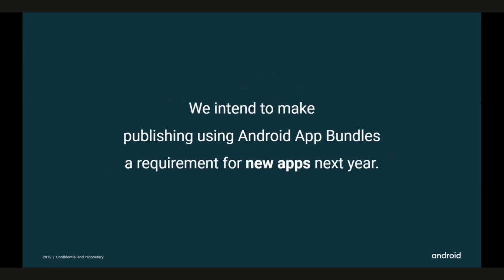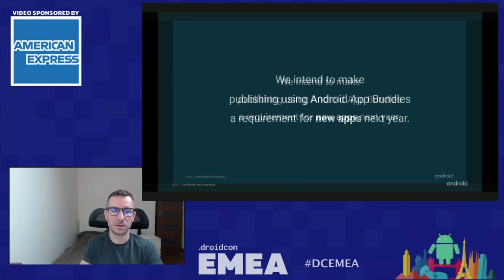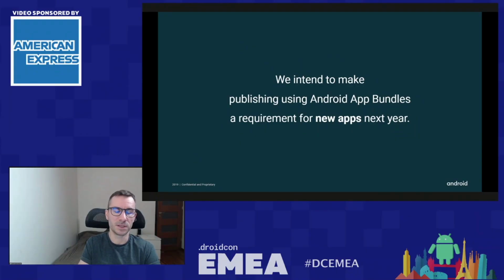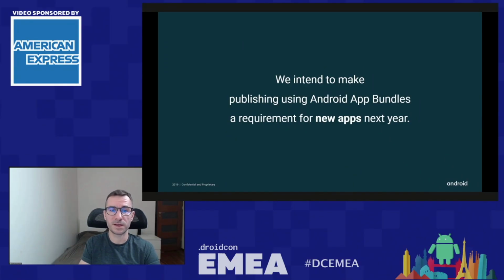And that's why we recently announced that app bundles will become a requirement for new applications on Google Play sometime next year. We haven't decided on a date yet. We will, of course, communicate that early so that everyone has the time to be prepared. But until then, we're gathering feedback about any missing parts of the developer experience with bundles.